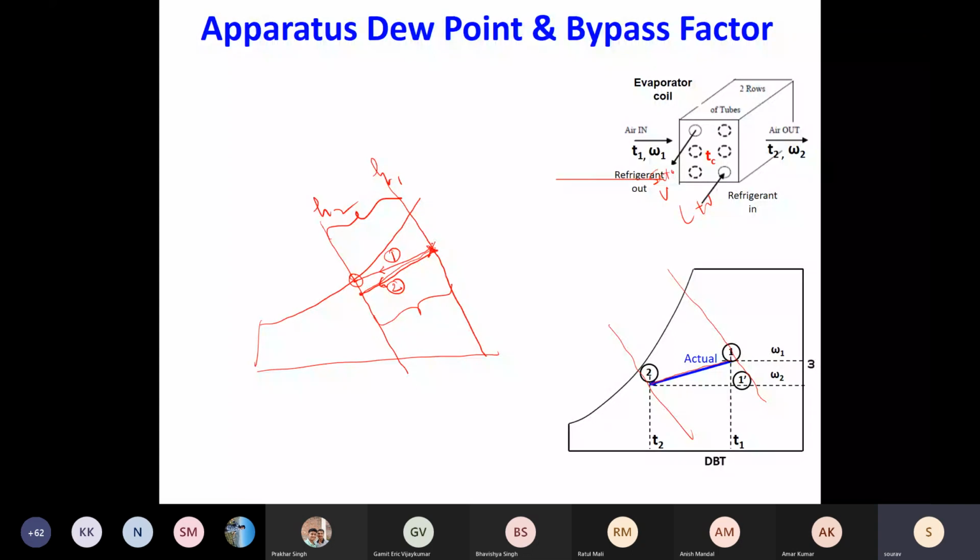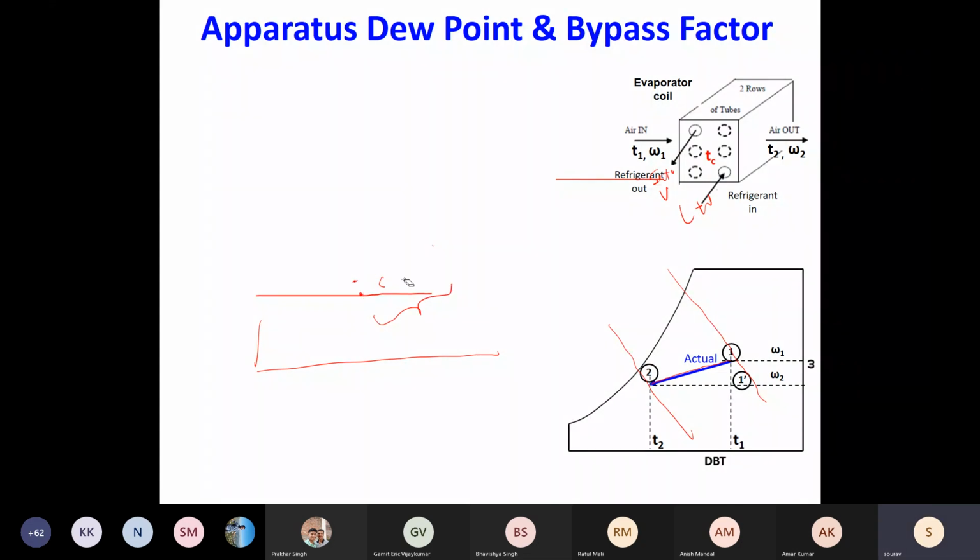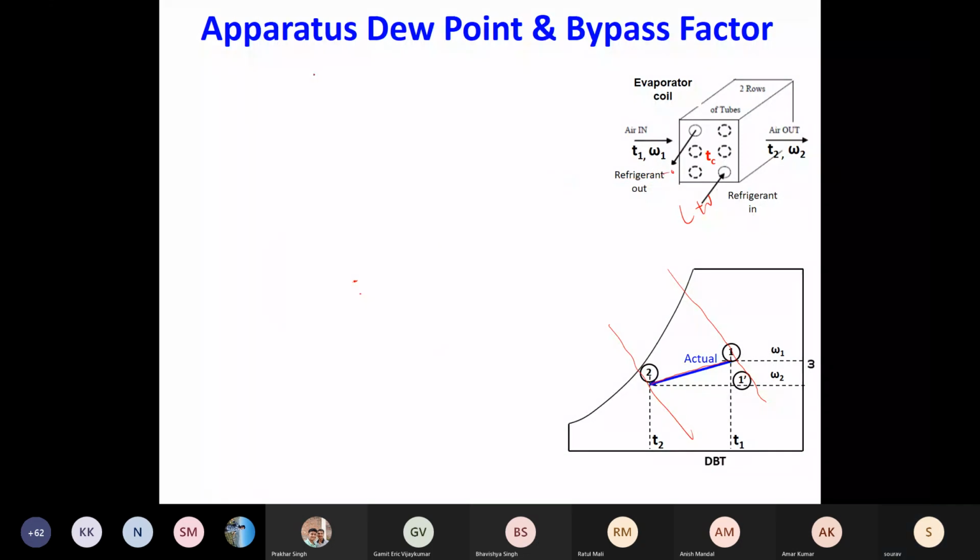In process 1, you are only dehumidifying corresponding to this level, whereas in process 2 you are dehumidifying much more and your sensible change is less. So what is the difference in these two processes? That would be given by something called the apparatus dew point.